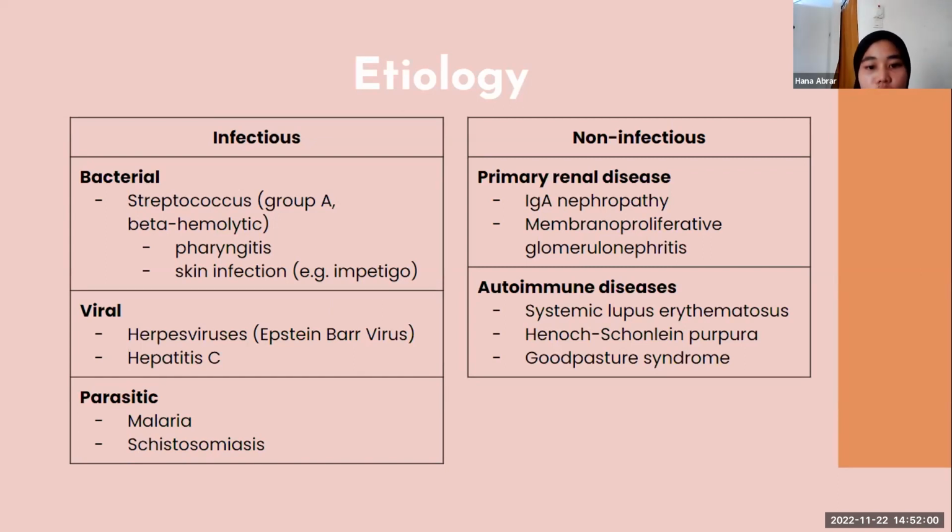Non-infectious causes could be primary renal disease such as IgA nephropathy and membranoproliferative glomerulonephritis, or autoimmune diseases such as systemic lupus erythematosus, Henoch-Schonlein purpura, or Goodpasture syndrome.